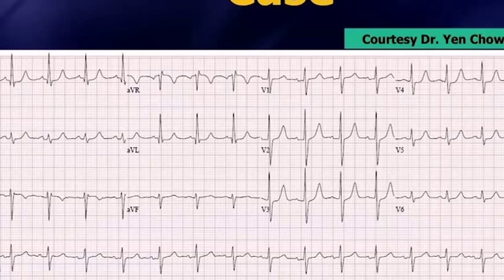Now, I don't know what the computer interpretation here was, but my guess is that most computers that I know of would call this just non-specific ST abnormalities. And the reason is, if you look at all of these leads, there's some very minor ST segment changes.